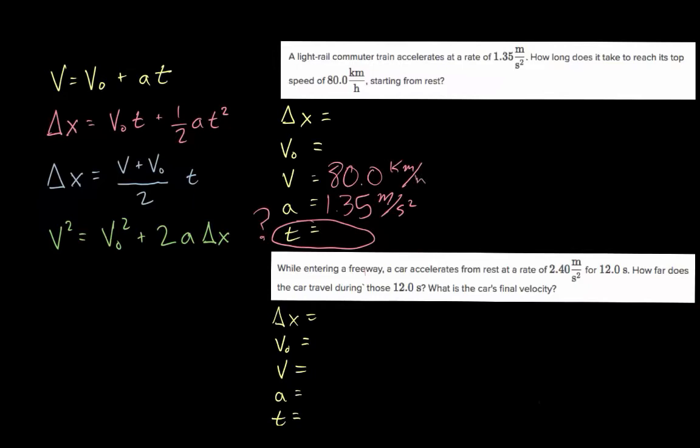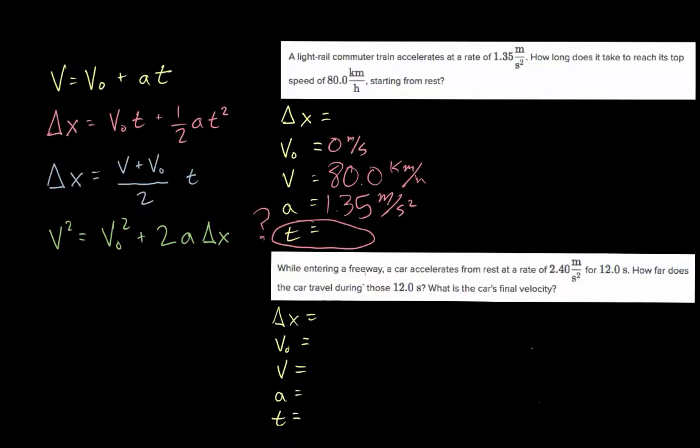And so we have that. And then if we keep going, it says starting from rest. So that's saying that at the beginning, when it starts, it's at rest, which means it has zero for its initial velocity. It's just sitting there. So let's fill that in. That's 0 meters per second.